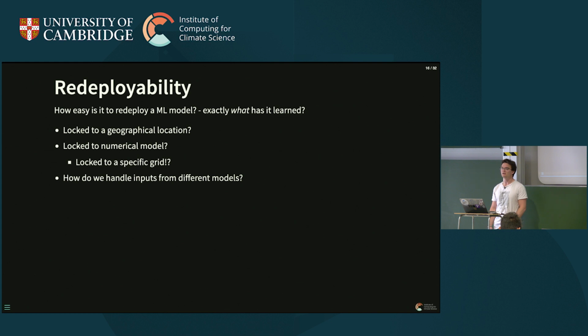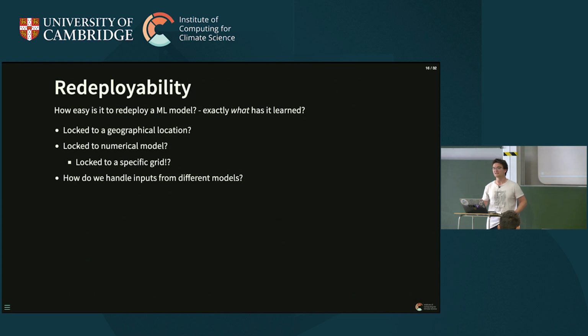Redeployability. A lot of what these things are doing, so say you're working in cloud physics, if you take the very famous Thompson model, the Thompson model is just a set of equations in a paper 2011, I think, and lots of people have written this model up for many, many different numerical climate atmosphere models.